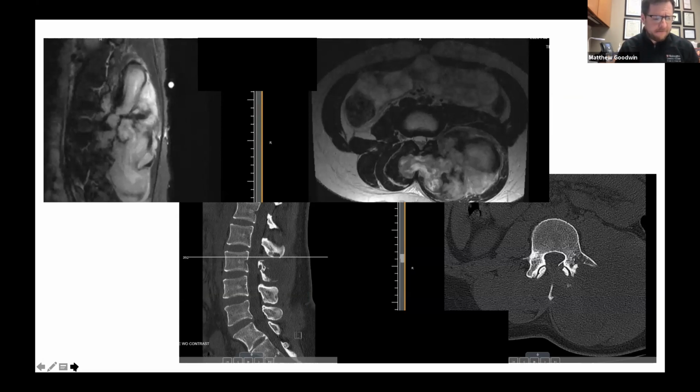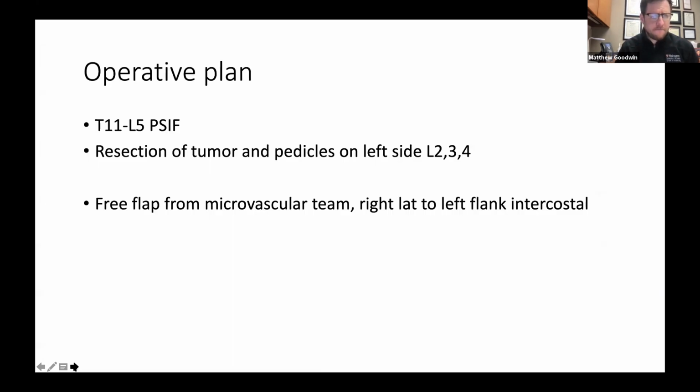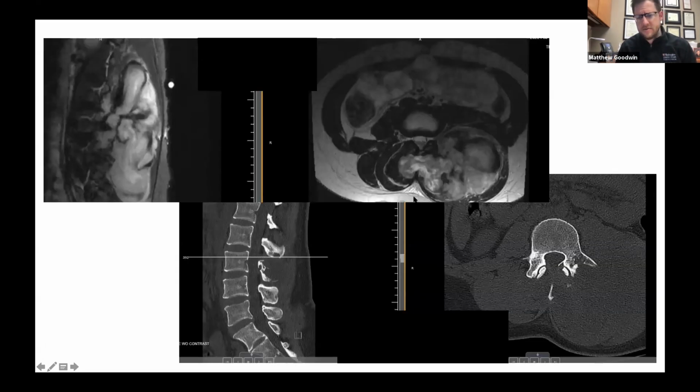So I saw her in clinic, talked to her, legs getting weak, a lot of pain, etc. Plan to resect this thing, plan to do T11 to L5. I'll move it along through this part so we can get to the more interesting part. Resected the tumor and the pedicles off the left side at L2, 3, and 4. And then if you look at the images, clearly you're going to have a tissue defect on this left side because I took this with the muscle around it.